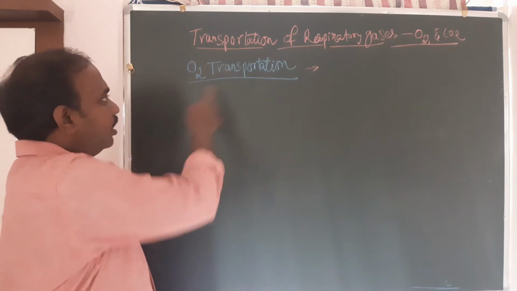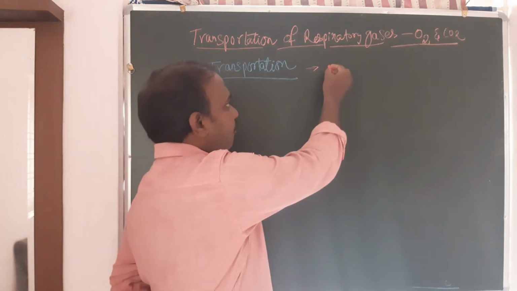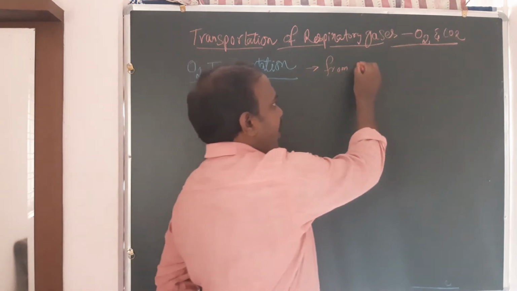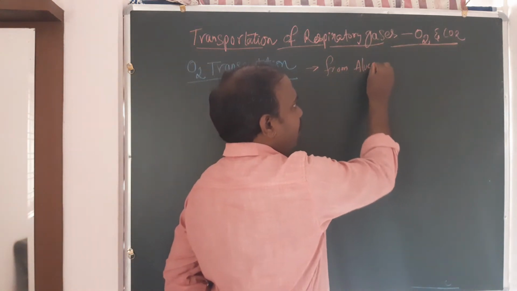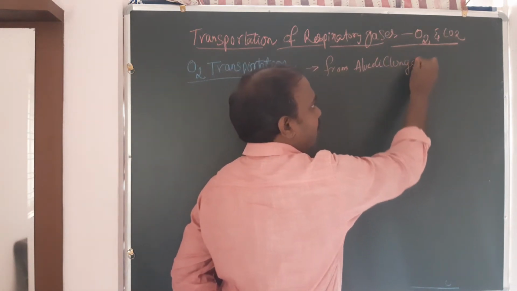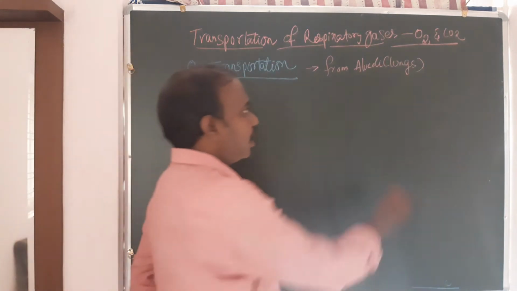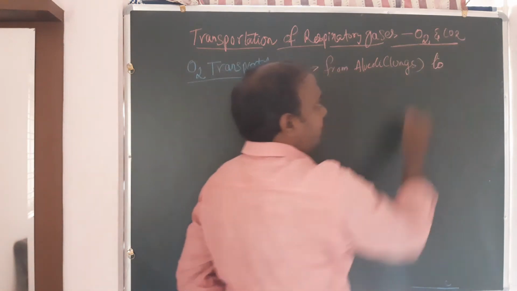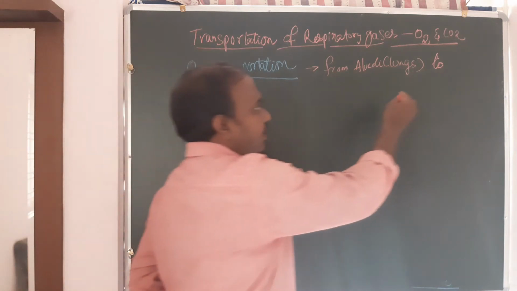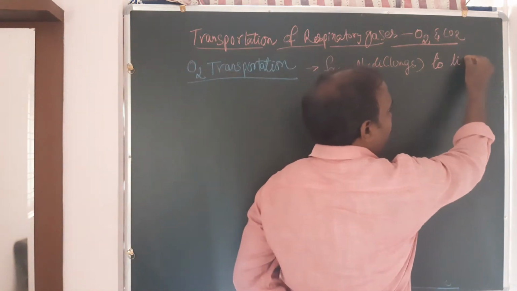The oxygen is transported from the alveoli, that means from the lungs, to the tissues.